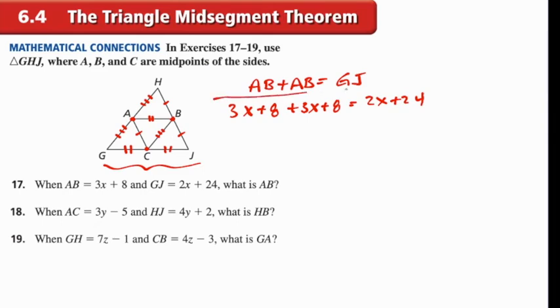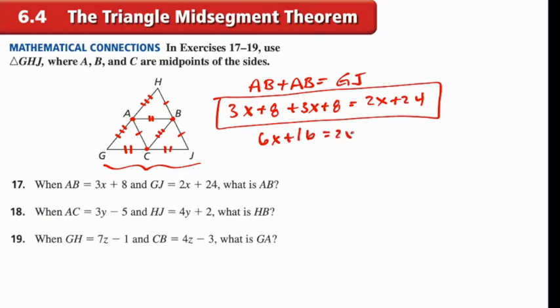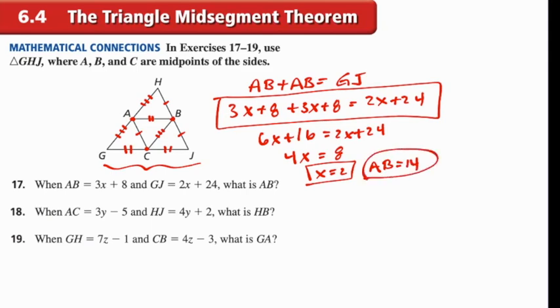And now we have an algebraic equation that we can solve for x. 6x plus 16 equals 2x plus 24. We get x is 2, and now when we plug that back into AB, we get AB is 14. So pause the video, try number 18, and see what you get, and then unpause.